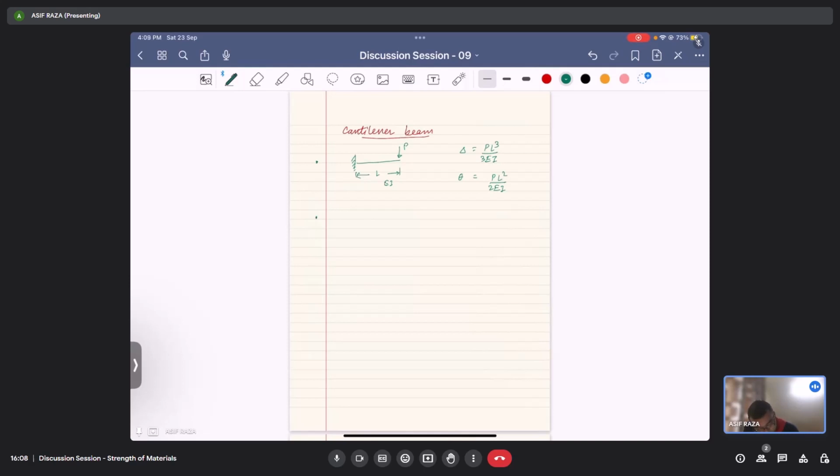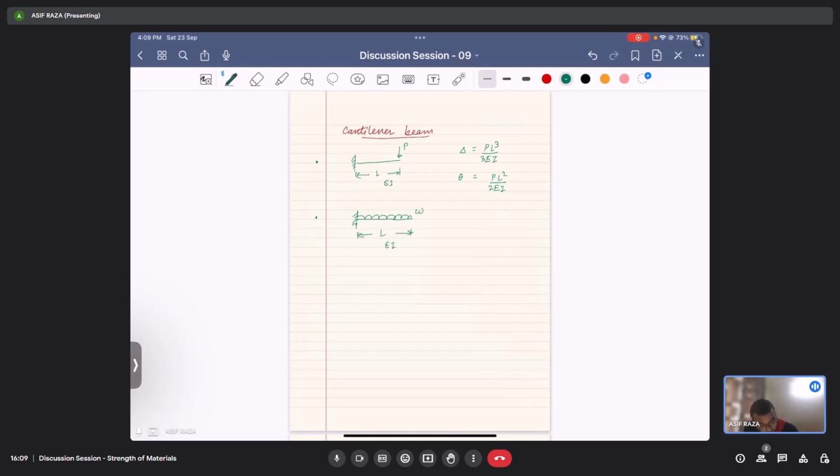Second is the case of a UDL. Suppose the UDL value is W, with the same L and EI as the flexural rigidity.